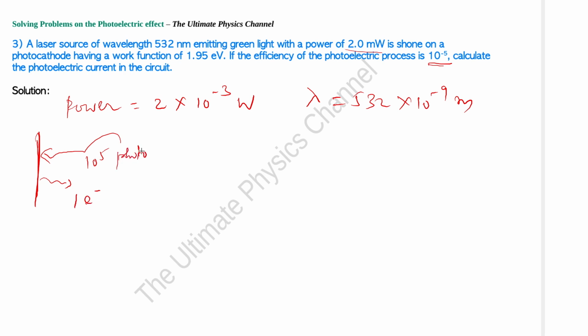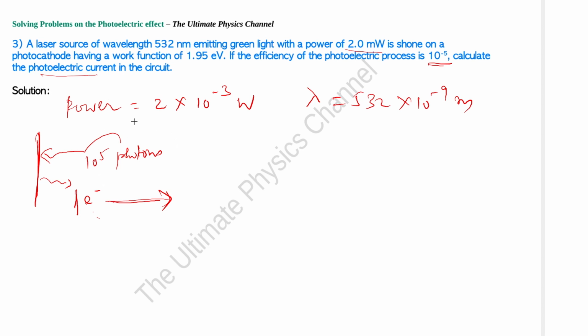This is what we mean by the efficiency in this process, right? So we have to calculate the photoelectric current. For every 10 power 5 photons, one electron is ejected, and that would lead to photoelectric current. And what is the value of that current?